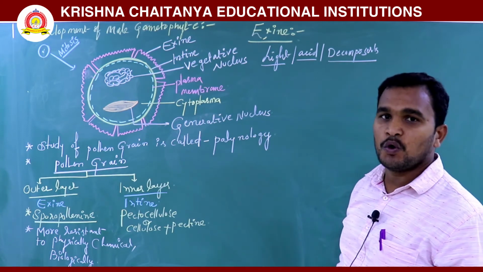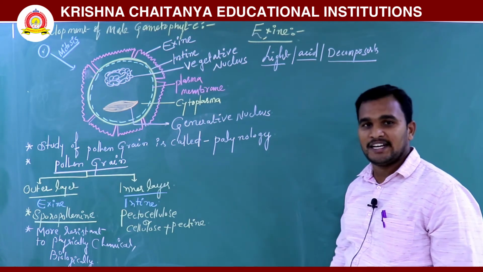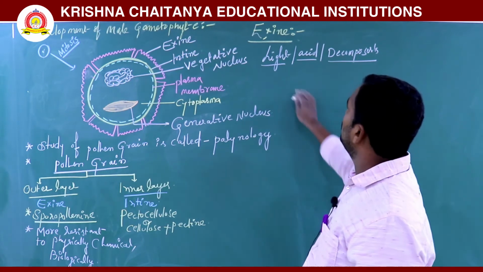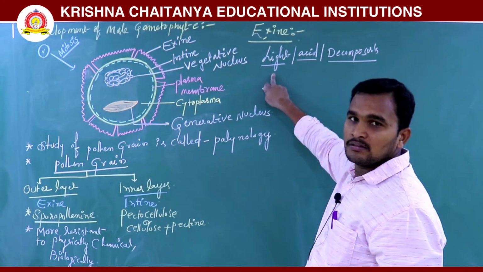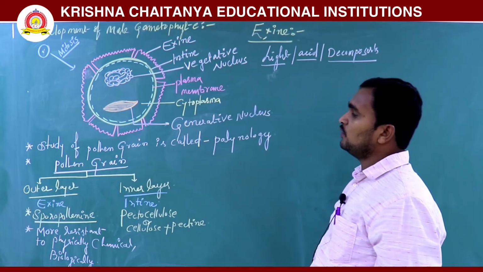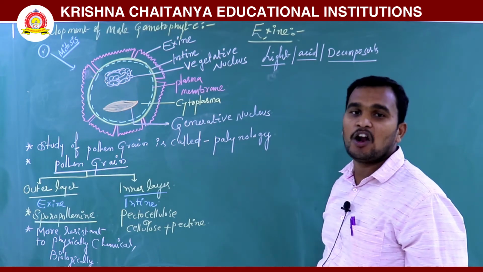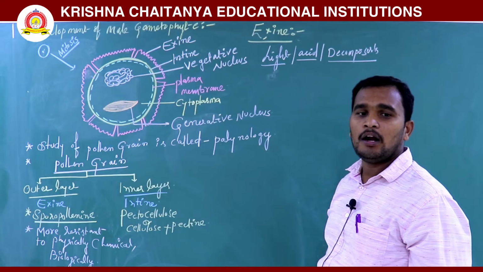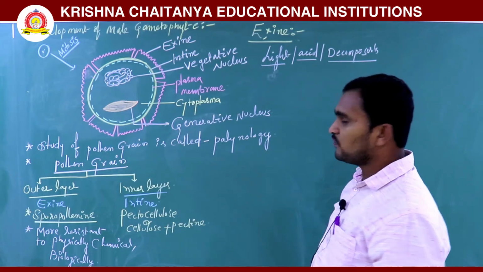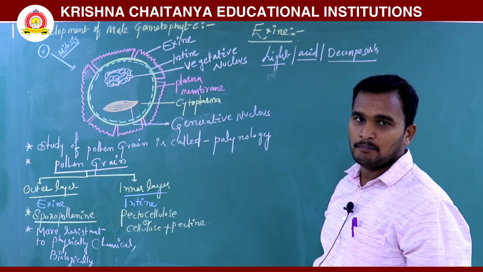Which one is it? Sporopollenin. Sporopollenin is more resistant, so it does not degrade. The outer wall of the pollen grain is not degraded or spoiled because of sporopollenin.